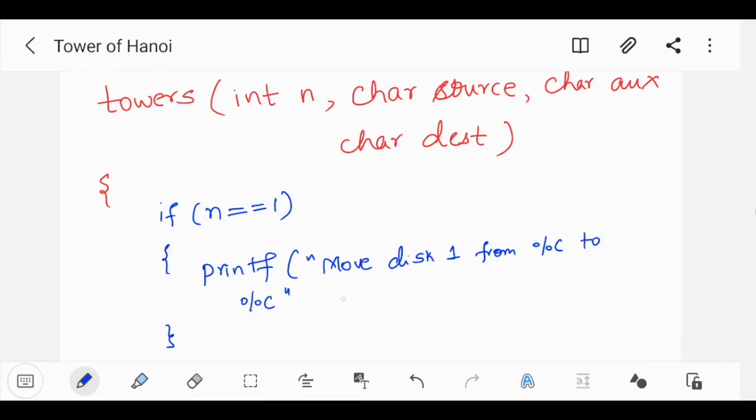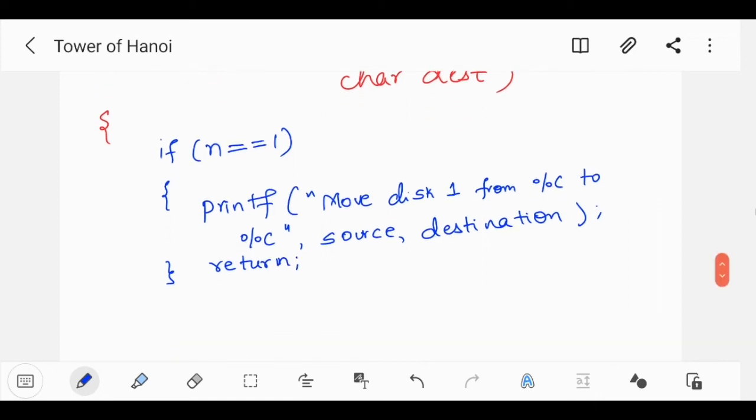Yeah, here let me pass it as the value of those variables. So I will say source comma destination. Yeah, so I have a printf statement, and I understand when it's the base case I have nothing else to do, so make sure you return from the base case.